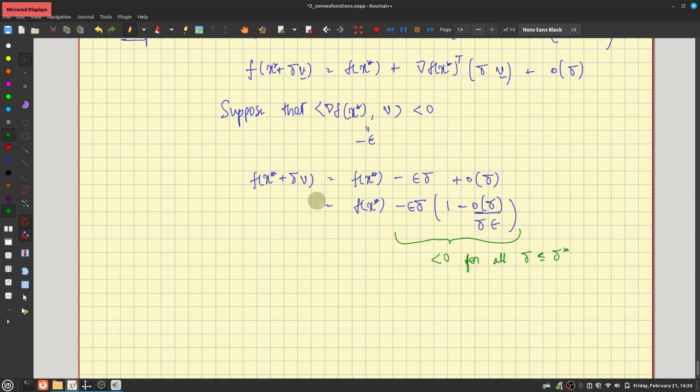So in the neighborhood of x star, f of x star plus delta v is strictly less than f of x star for all delta less than or equal to some particular delta star. Which means that it's impossible for this to be a local minimum.